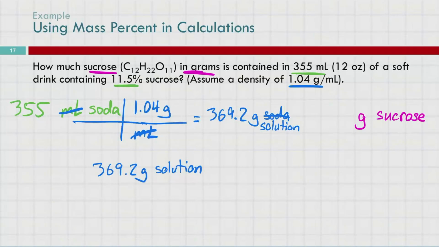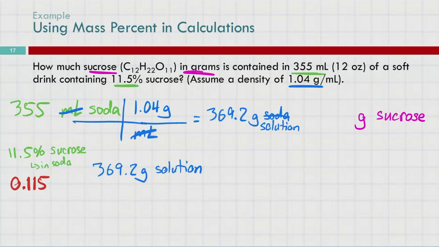Solution, we have this 11.5% sucrose that's in soda, which is our solution. What my brain does, from lots of math classes, I convert this percent into a decimal form.